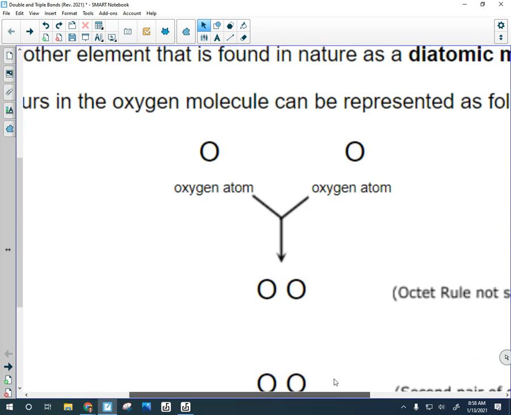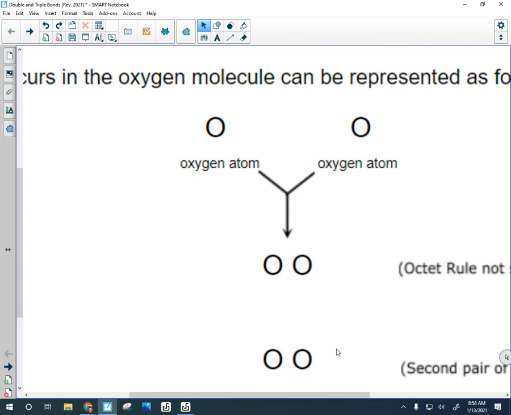So if we check oxygen's position on the periodic table, oxygen is in column 6A. It has 6 valence electrons. And so I might just start by doing the dot diagram like we always have.